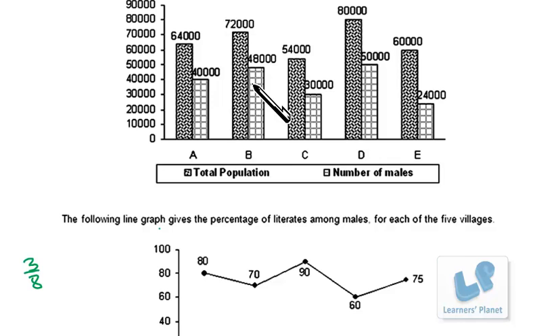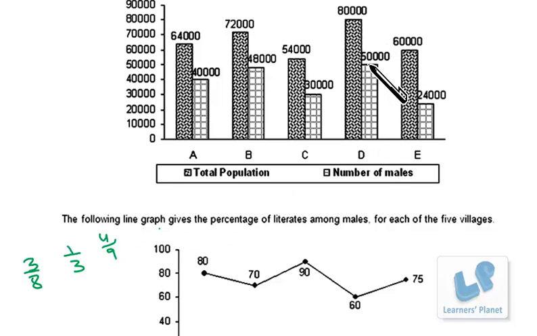Then 72 and 48, so 24,000 are females out of 72,000. So 24 by 72, that's 1/3. Similarly over here 24 over 54, so that's 4 by 9.